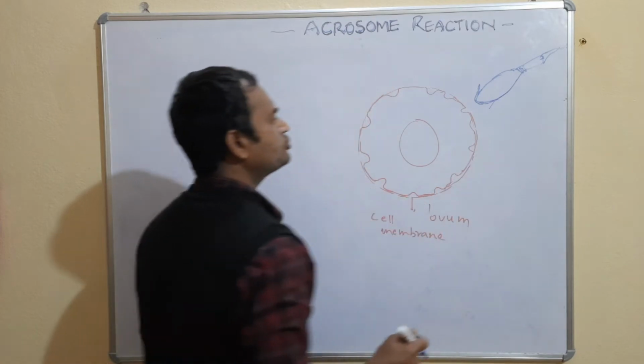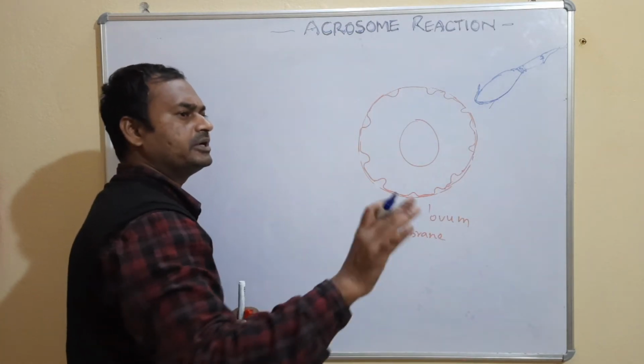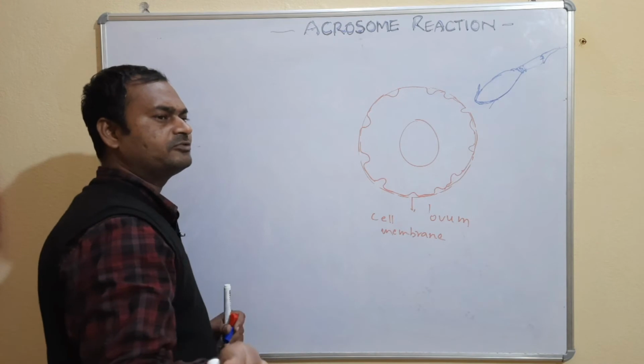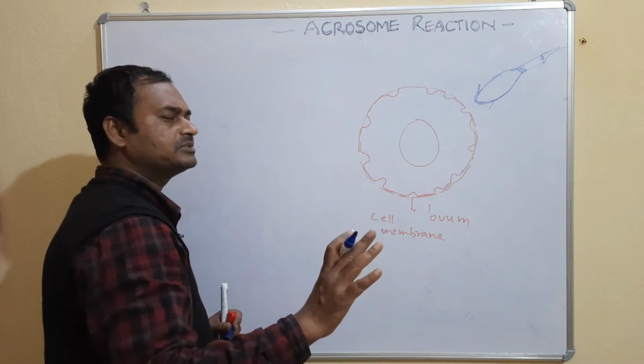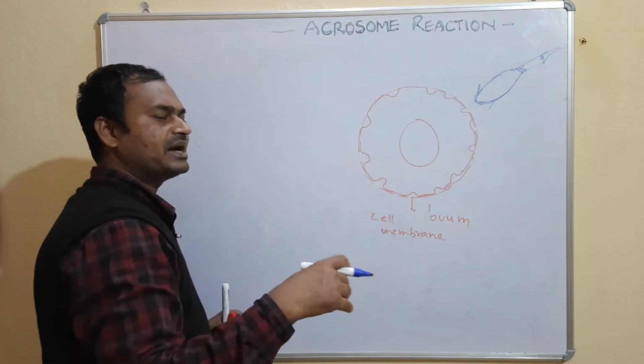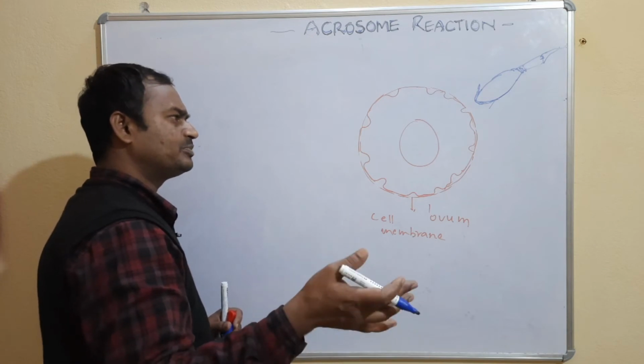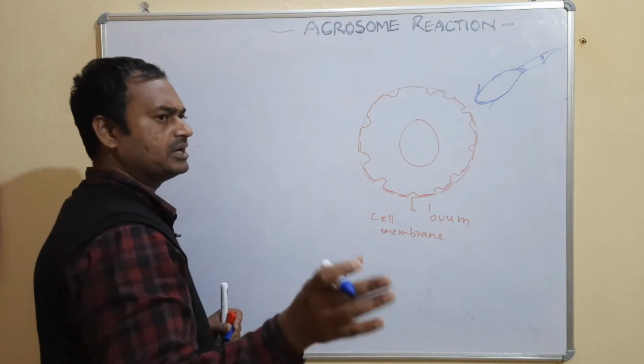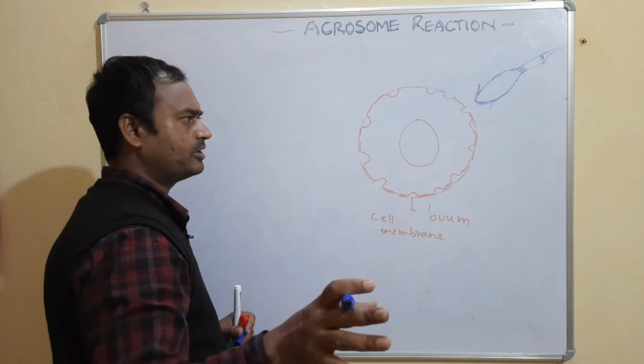Most of the acrosome enzymes have been dispersed, which helps it pass through the zona pellucida.